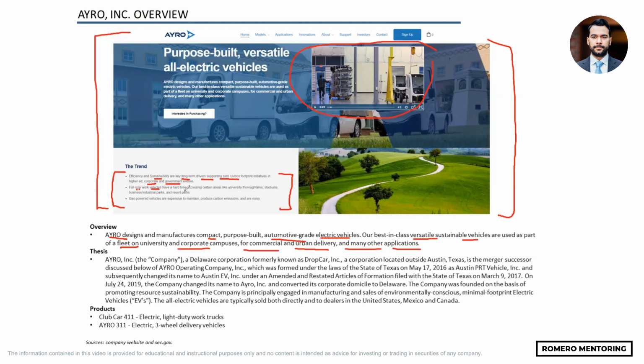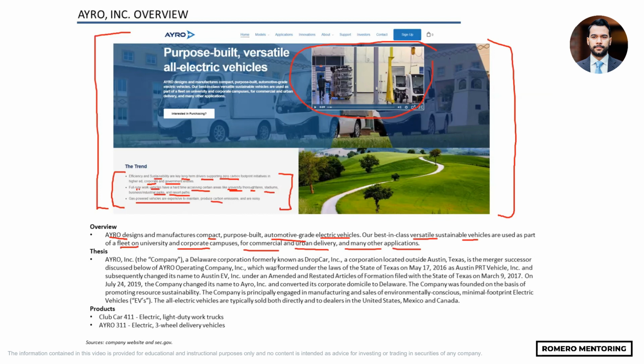Full-size work vehicles have a hard time accessing certain areas like universities, stadiums, business and industrial parks, resort paths, and so on. So you're already seeing that this is really on the backs of climate change, sustainability, environment-friendly vehicles. So this is the same theme, the same thesis that we saw with Arcimoto, and this is definitely a competitor to Arcimoto.